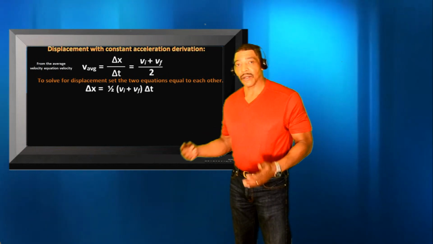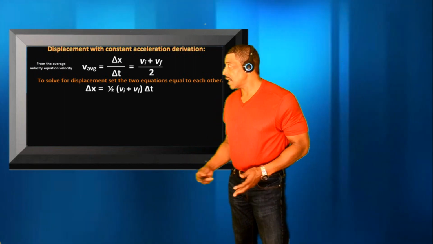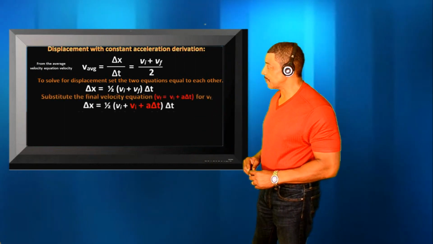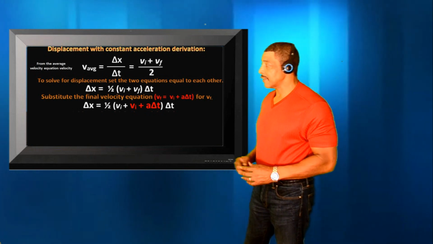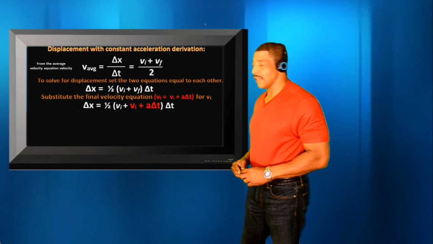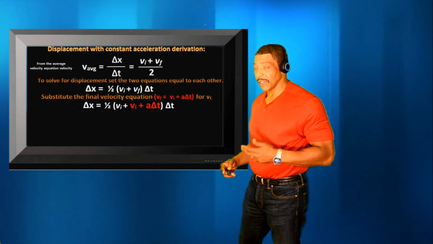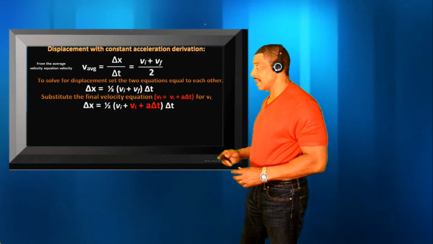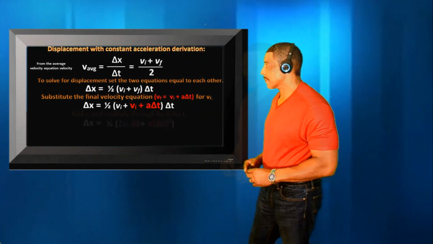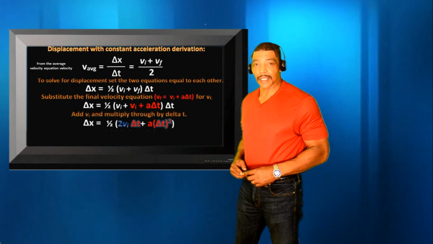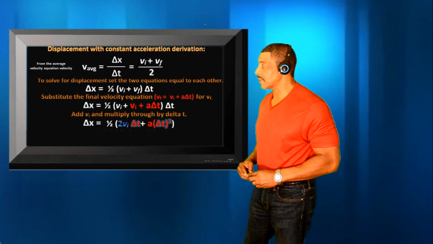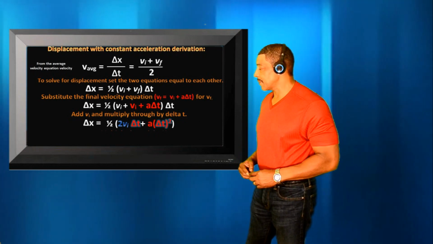Inserting the previous calculation for final velocity generates the following equation. Delta x is equal to 1/2 times v sub i plus acceleration times delta t plus v sub i, times delta t. Now adding the initial velocities and multiplying through by delta t generates the following.